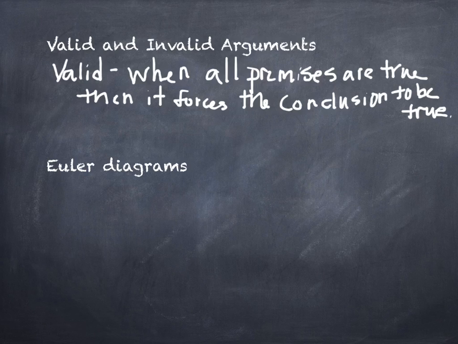That is a valid argument. Okay? It still may be that you're being blindsided by somebody when they do this, but if they formed a valid argument, this is the kind of argument that we're talking about.